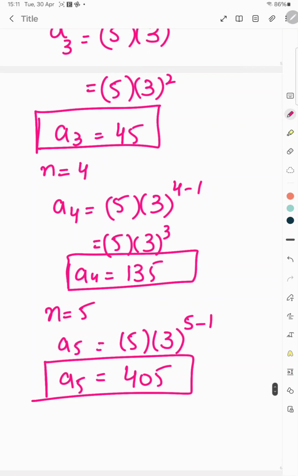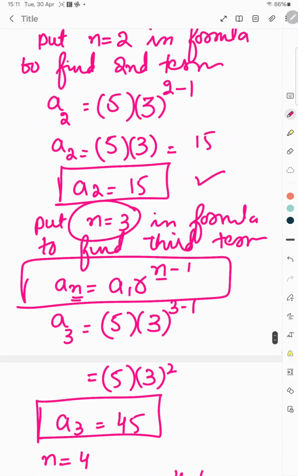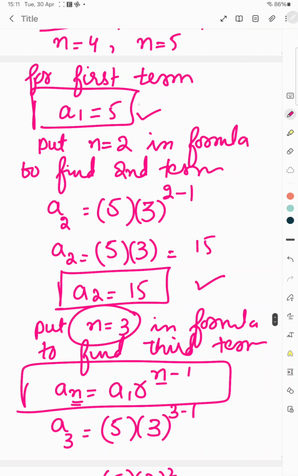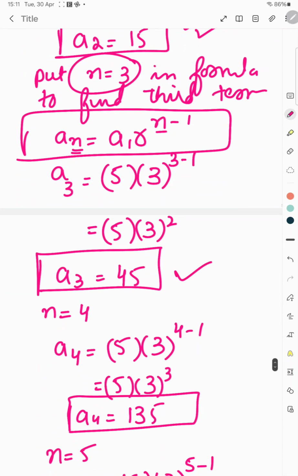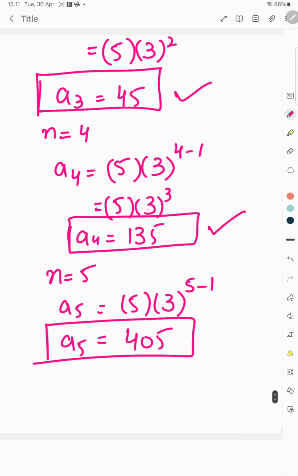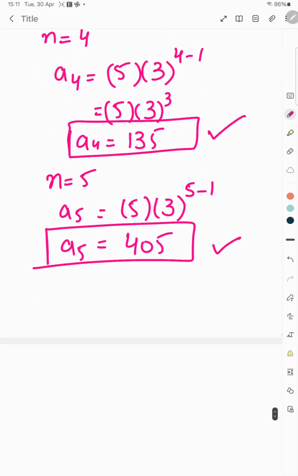So students, the first 5 terms are a1 is equal to 5, a2 is equal to 15, a3 is equal to 45, a4 is equal to 135, and a5 is equal to 405. So you can write in the last your whole answer.